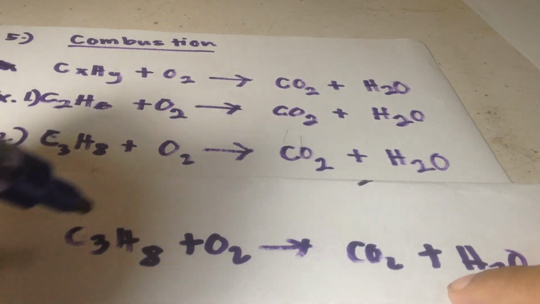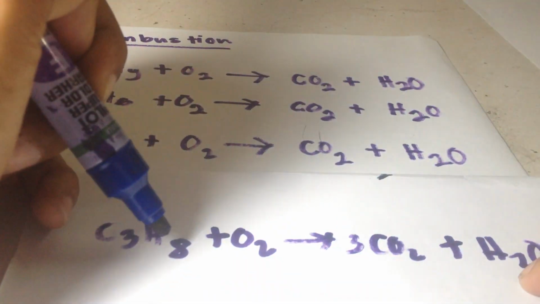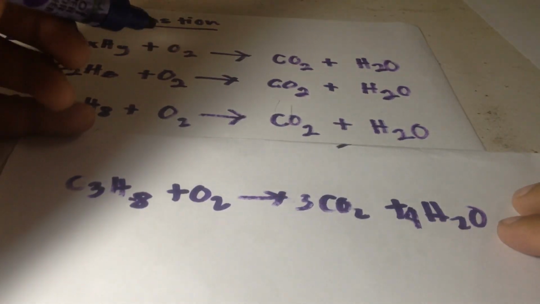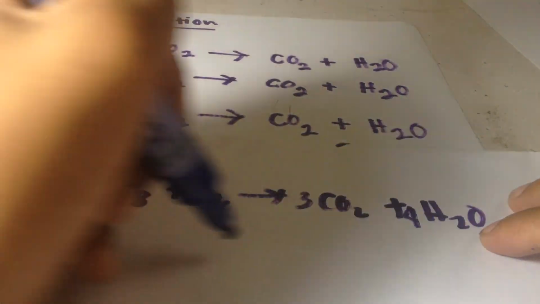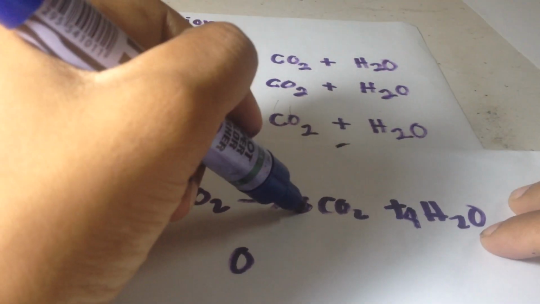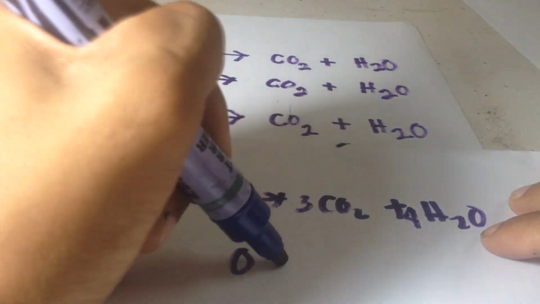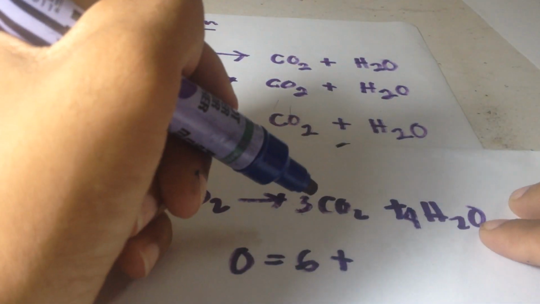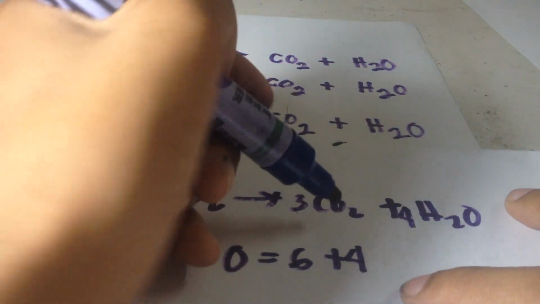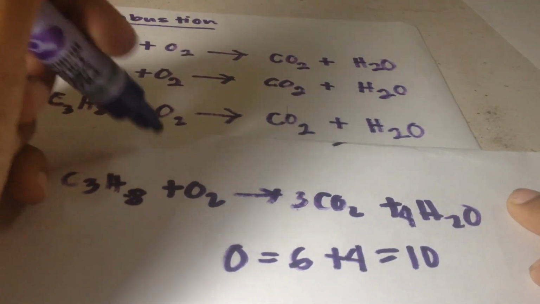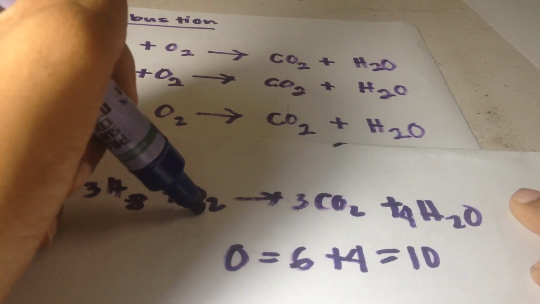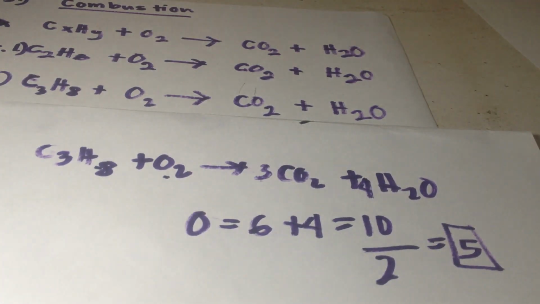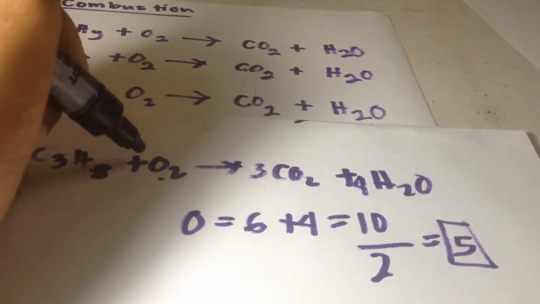So 3 carbons here, so you need to put 3 here. 8 hydrogen here, so you need to put 4 here. Okay? So in oxygen, 3 times 2 equals 6 plus 4 times 1 equals 4. So 6 plus 4 is equal to 10. And 10 divided by 2 is 5. So the answer is 5. So you need to put a 5 here.